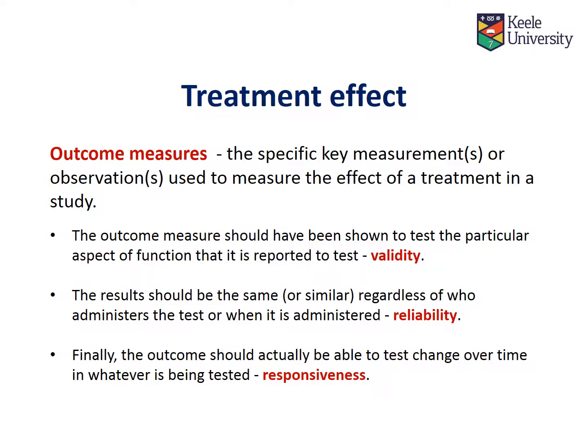Also, it should be a test or a measure that gives the same results regardless of how or when or who does the measurements. So it is reliability. Responsiveness means it has good responsiveness for the change in the outcome, that it really tells us when there is change in outcome and in a good way.